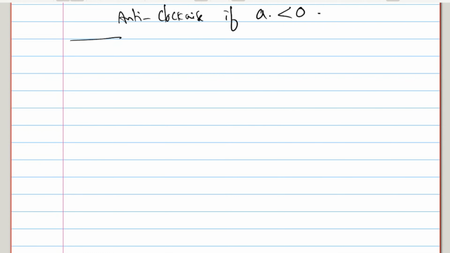So how are you going to write u bar in polar form? U bar equal to, now you have this. This is your curl, right? So how do you write this curl? This is equal to what?